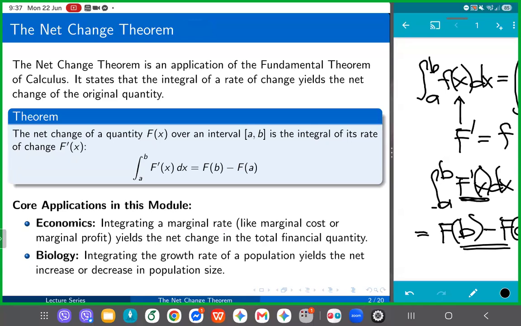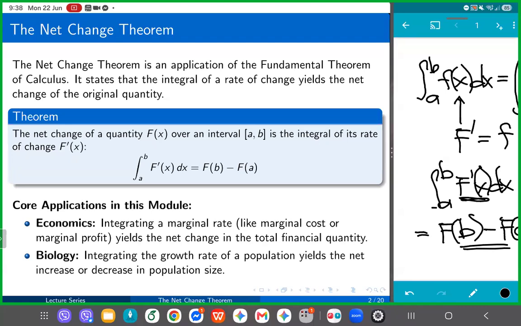In particular, if we're talking about, say, profit, the integral of the marginal profit is the net profit. The integral of the marginal cost is the net cost or total cost. The integral of the marginal revenue equals the net revenue or total revenue.